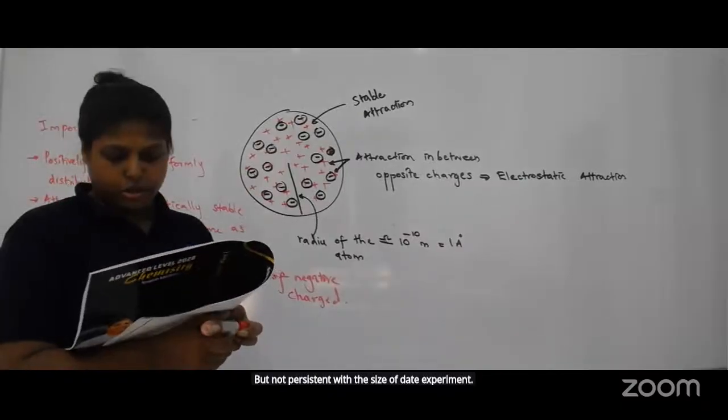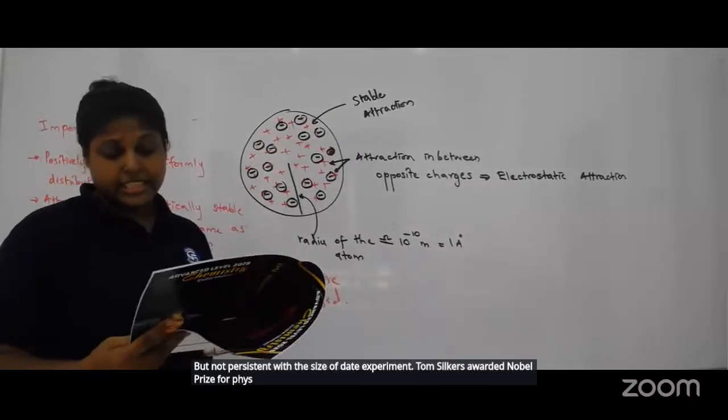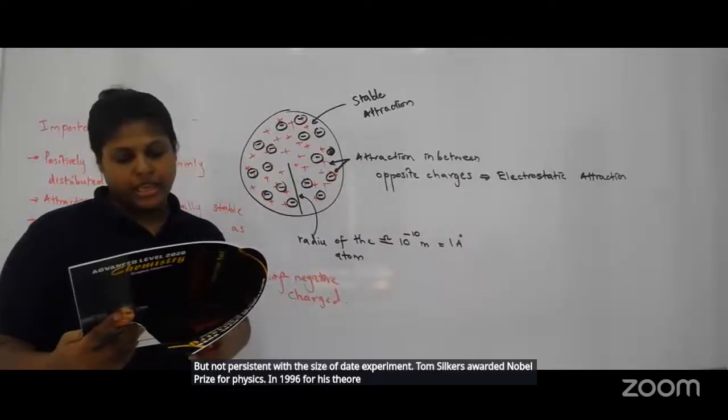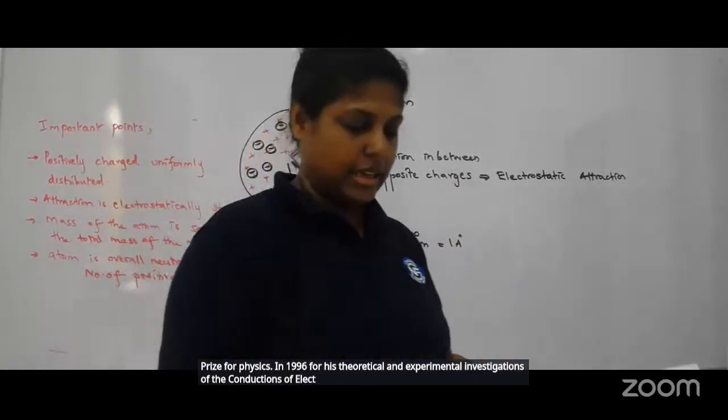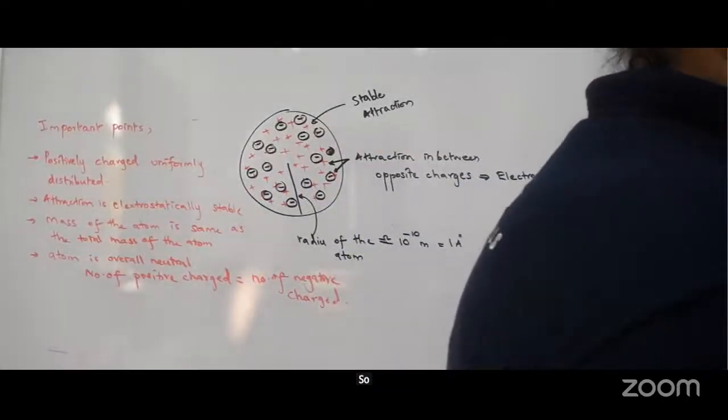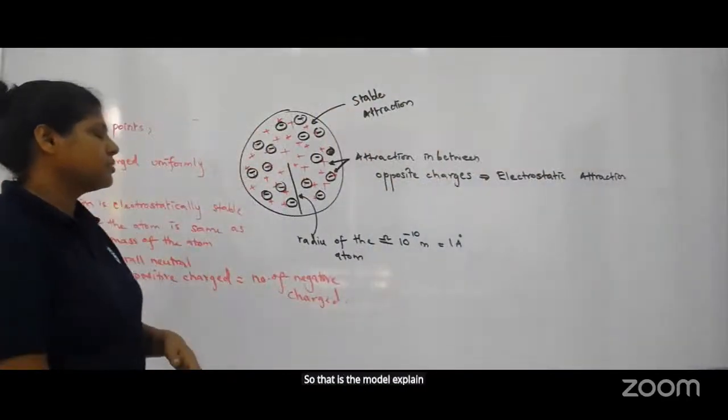Thomson was awarded the Nobel Prize for Physics in 1906 for his theoretical and experimental investigations of the conduction of electricity by gases.